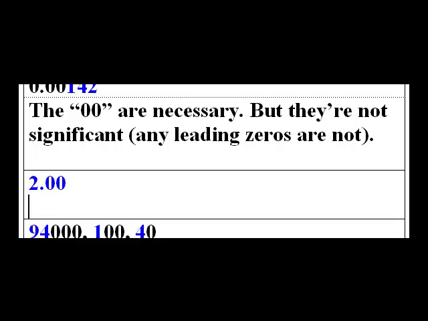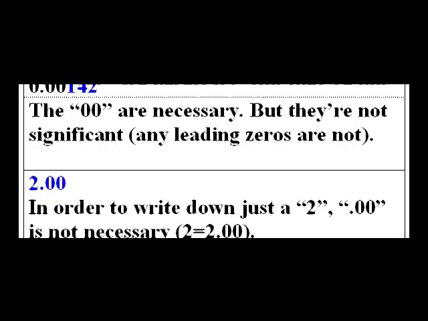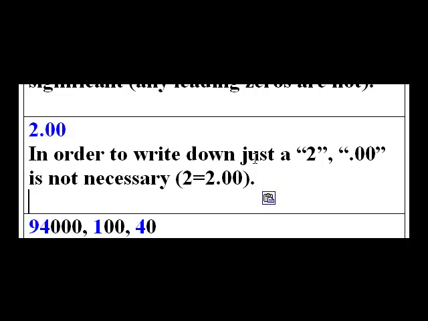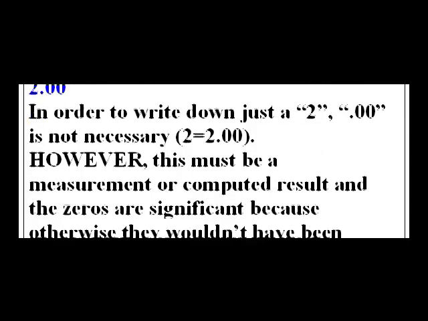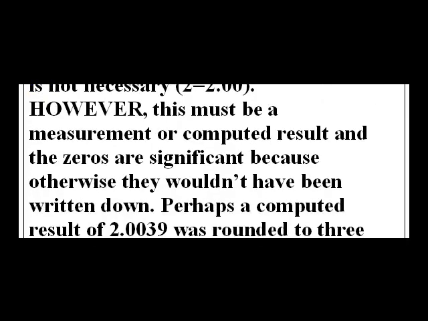Why are the trailing zeros significant? Well, first of all, in order to write down just a 2, the 0.00 is not necessary, because 2 equals 2.00. However, since they are written down, this is what must have happened. This must be a measurement or computed result, and the zeros are significant because otherwise they wouldn't have been written down.